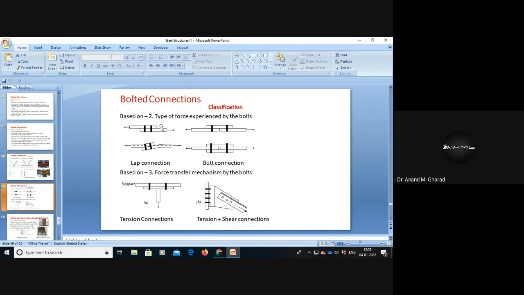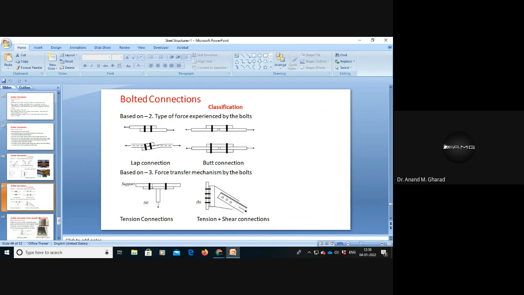Then the classification which is based on different types of joints. So you can see this is a lap connection. This typical connection is known as lap connection, and this joint is known as lap joint. Similarly, this connection is known as butt connection, and this joint is known as butt joint.